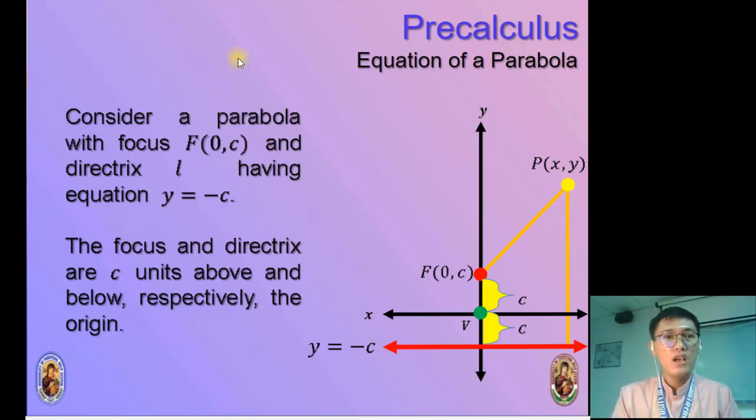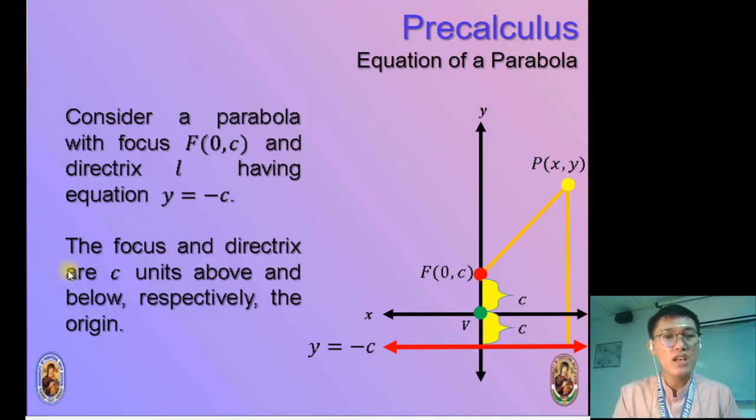Consider a parabola with focus F(0, c) and directrix L having equation y = -c. From the vertex to the focus, if the distance here is c, then from the vertex to the directrix the distance would be -c, because the center is at the origin: the distance above it is positive, and the distance below it is negative.